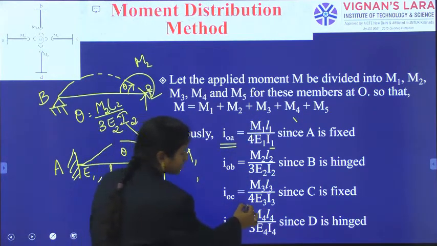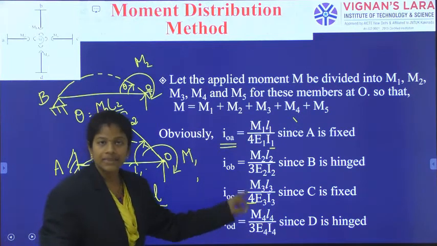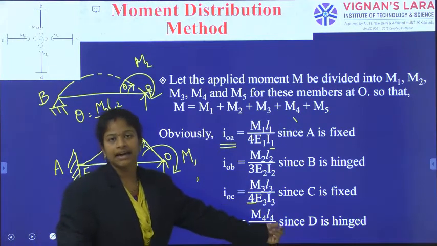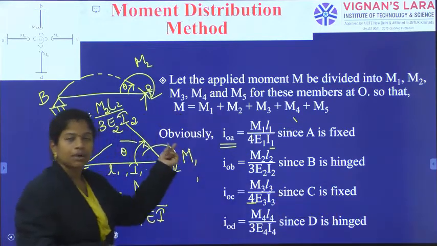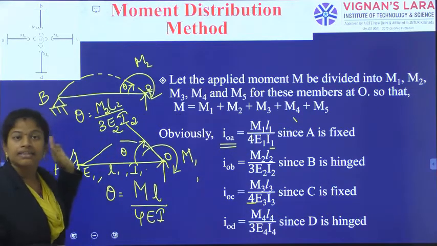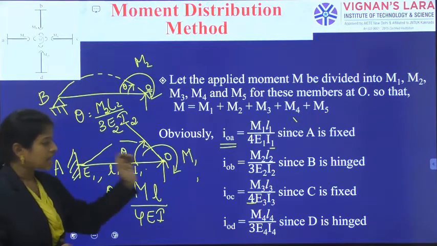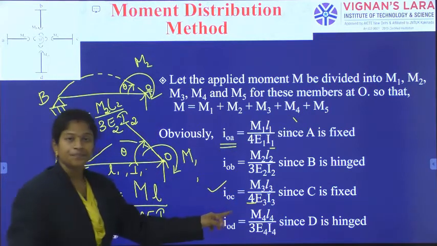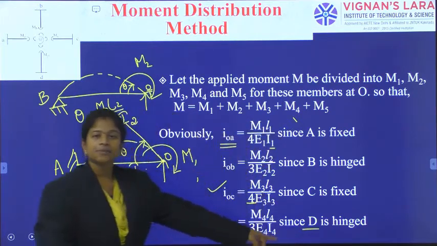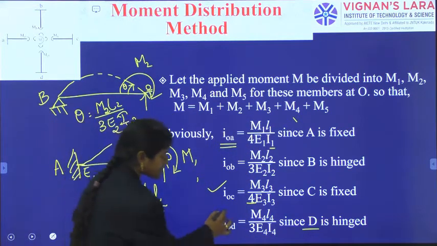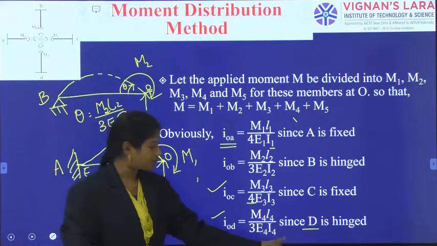So again, denominator by 4. M3 L3 by 4 E3 I3, which is due to C being fixed. Even though I am applying at the rigid joint, the farther end is being fixed, so I have got the slope like this. Even though this joint D is being hinged, I have got the slope as M4 L4 by 3 E4 I4.